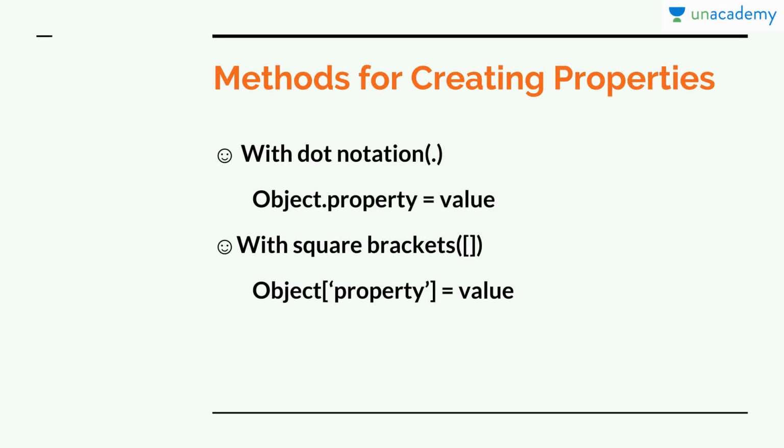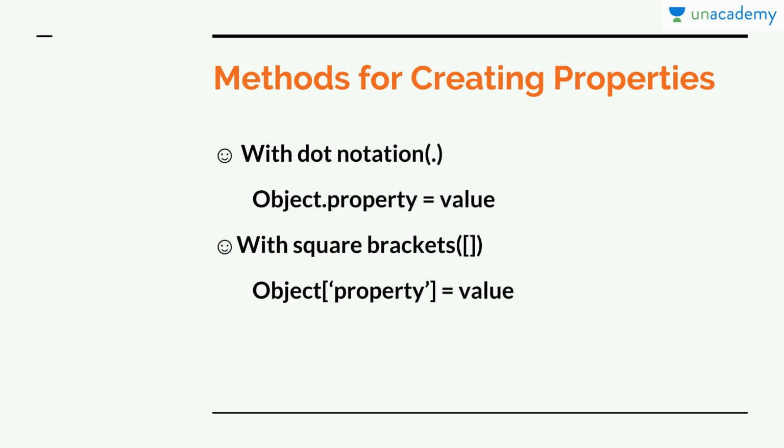These are the two methods for creating new properties. The first one is the dot method and the second one is the square brackets method. The dot method is more handy because you can just press a dot and then add a new property to the object. But there is a disadvantage in the dot method. Suppose you have a property like first name, with a space between the first and the name word.